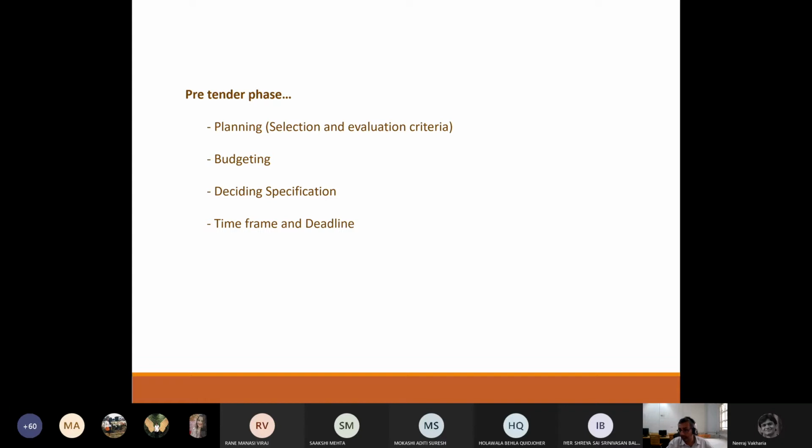Then the next is the specification. It all depends upon the kind of material you use. You could have a floor tile that is 30 rupees, or a floor tile that is 300 rupees. So there is a great amount of variety in the rate based on the quality of the work we do and the quality of the material we decide to choose.